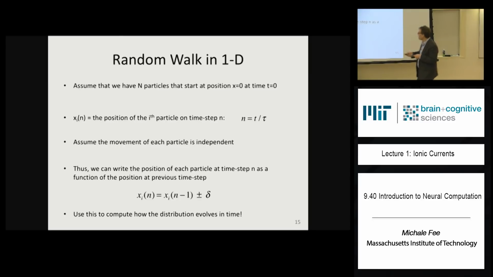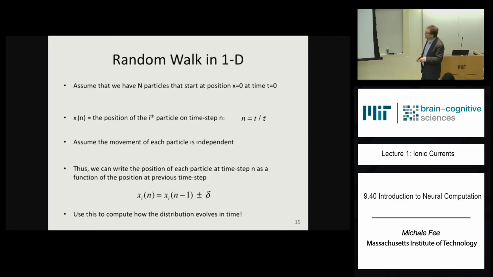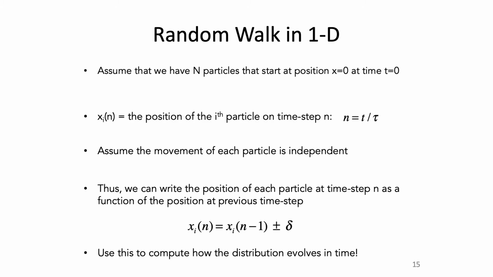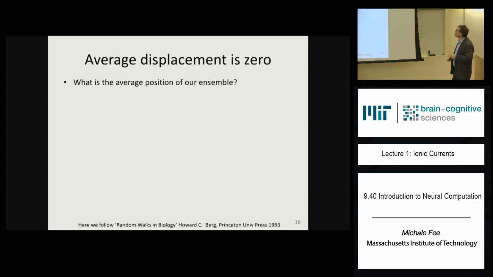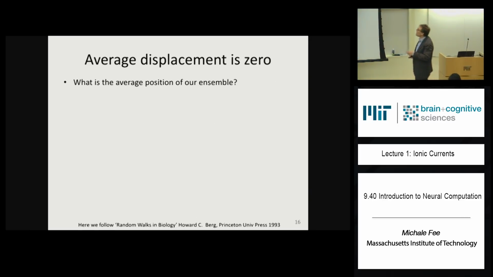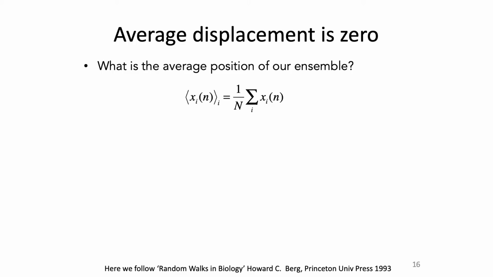All right. So now what we can do is use this expression to compute how that distribution evolves over time, how the distribution of the ith particle evolves over time step n. So let's calculate the average position of the ensemble. These brackets mean average, so the bracket with an i means I'm averaging this quantity over i particles.